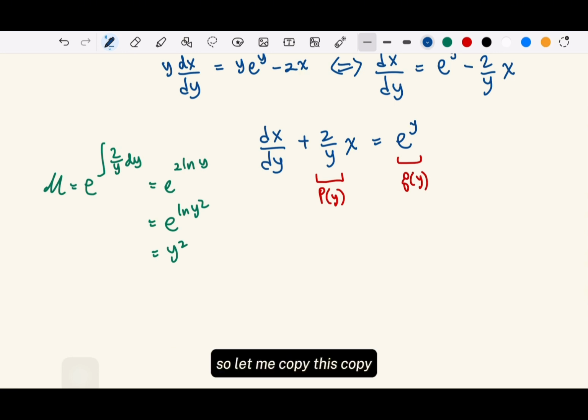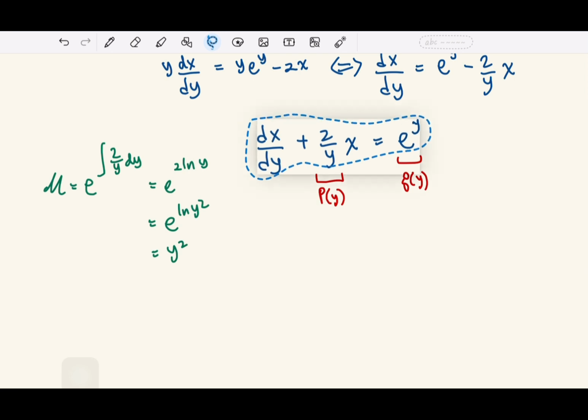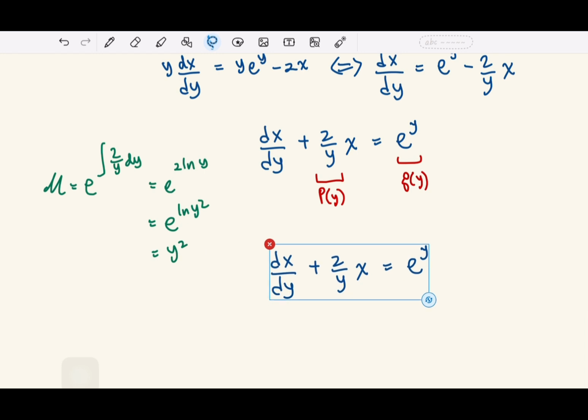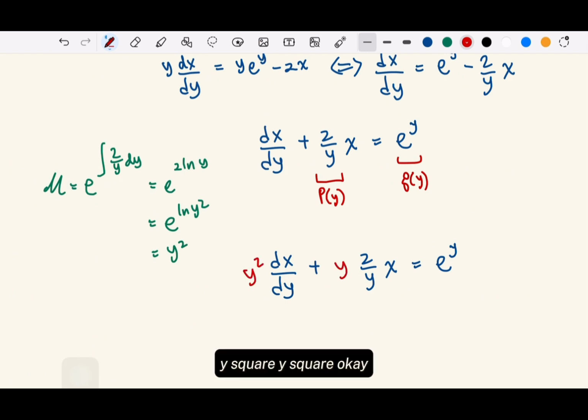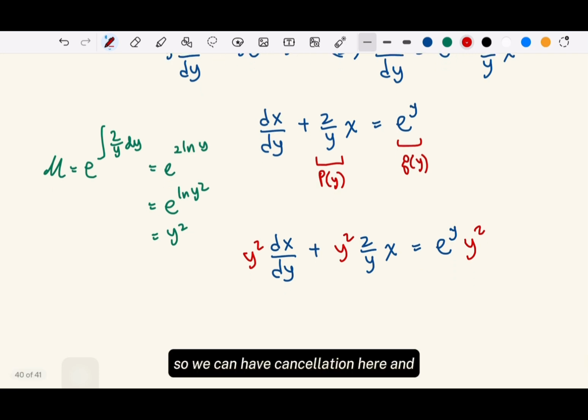So let me copy this. And then let's multiply with the y squared. So y squared, y squared, y squared. So we can have cancellation here.